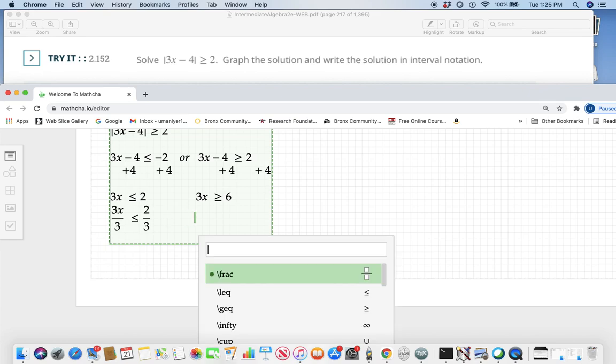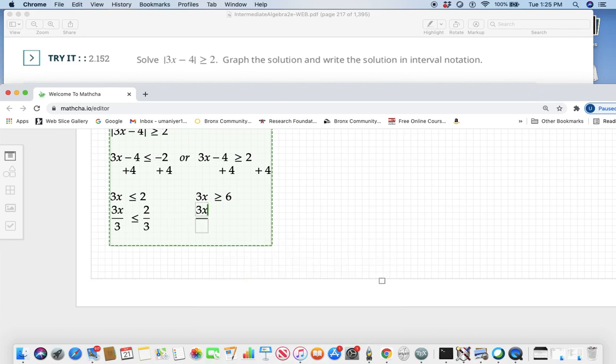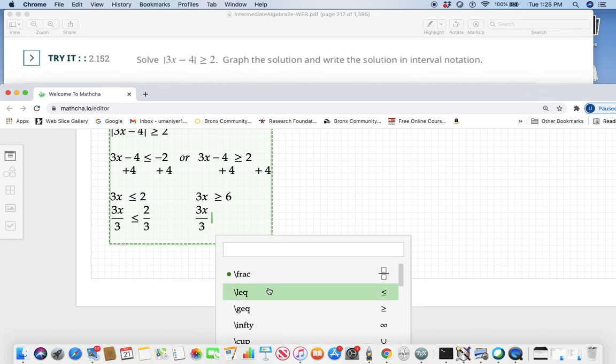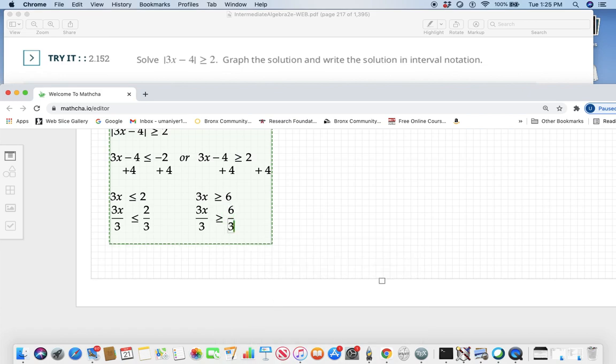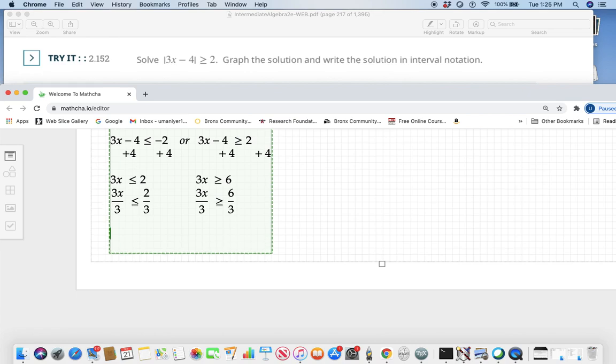On this side, divide by 3. 3x over 3 greater equals fraction 6 over 3. Aha, these two reduce, x less equals 2/3. No change. Or x greater equals, that's it, 2.